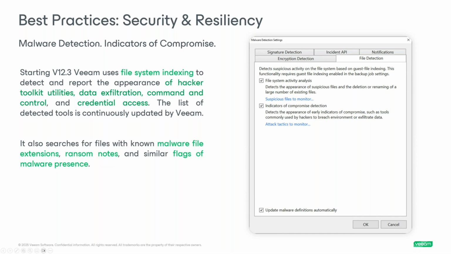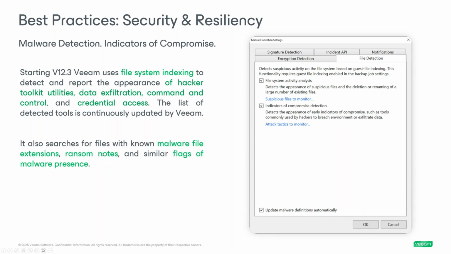We also have a file detection under the malware detection settings that will, first of all, run at the guest indexing level, and will check for suspicious files and extensions, indicators of compromise, multiple deleted files, extension changes, and will also let you know once it finds any of those things, and flag them.